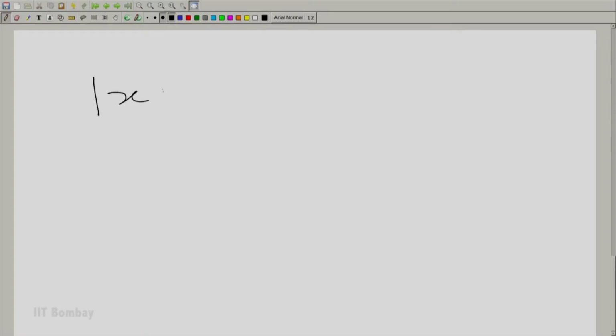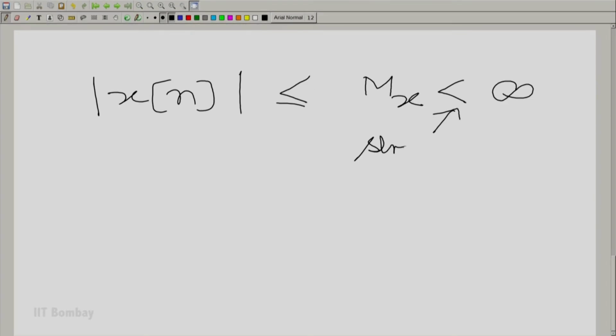Let us write that down formally. So, we are saying |x[n]| is less than or equal to Mx, and of course, Mx is strictly less than, note, strictly less than infinity. The strictly part is important, otherwise that definition has no meaning. So, strictly less than infinity.